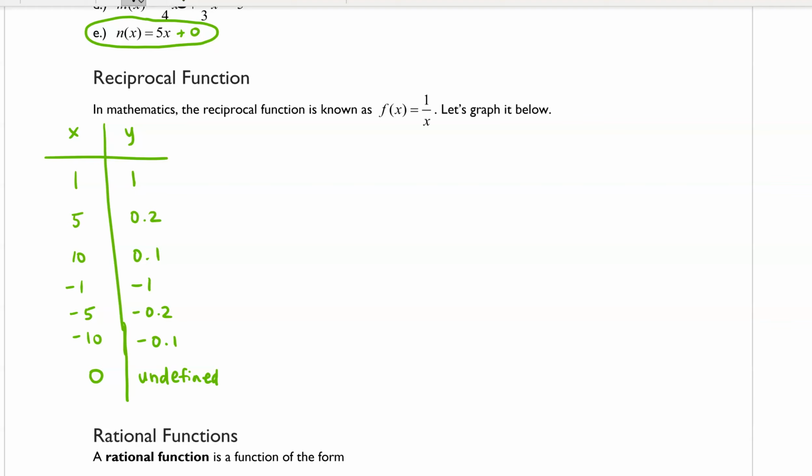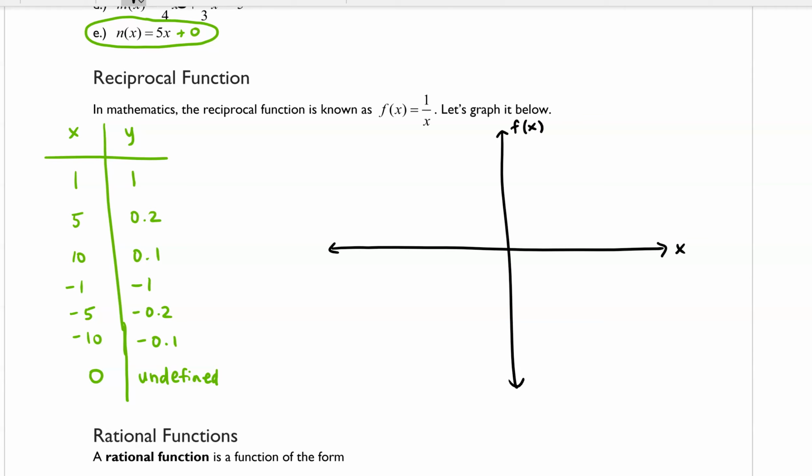So here's my xy plane. So here's my x-axis, and we can call this either f of x or y. Maybe I should come back here and call this f of x, actually. So here's 1, here's -1, here's 1, here's -1.